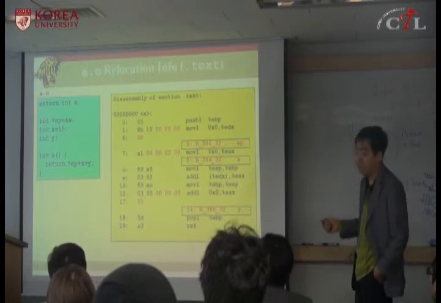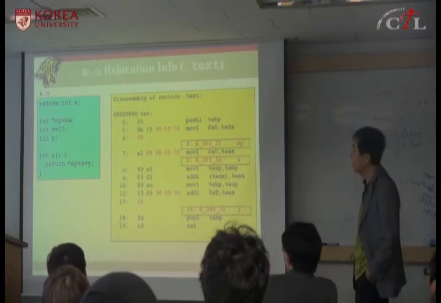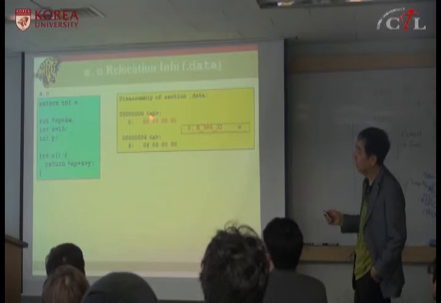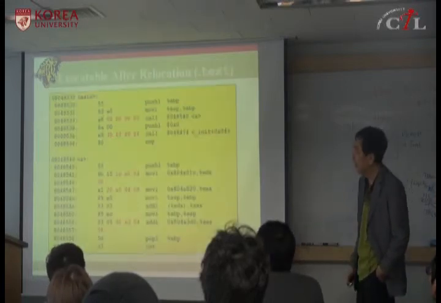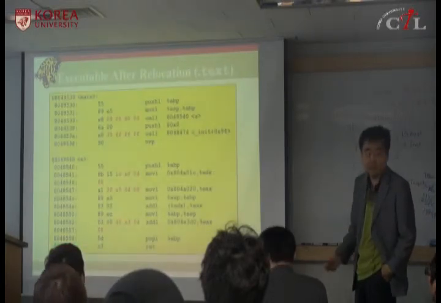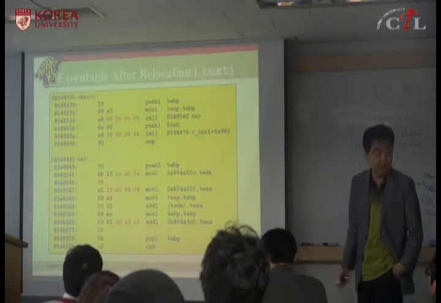And this is for a data address, so you put 0, this question mark. And also in the data section, they have this address, which they don't know yet. So you put a question mark. After you merge them together, they can identify the address. So they fix all these question marks into absolute addresses.